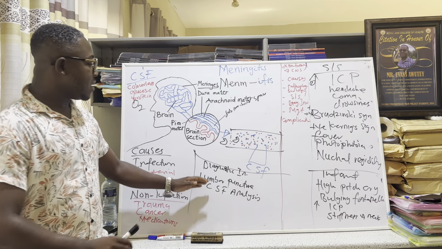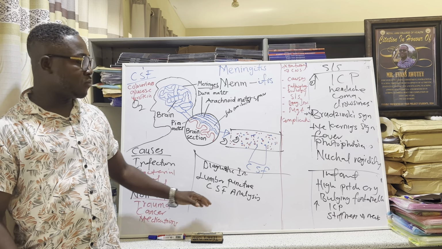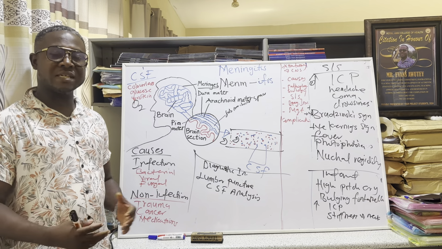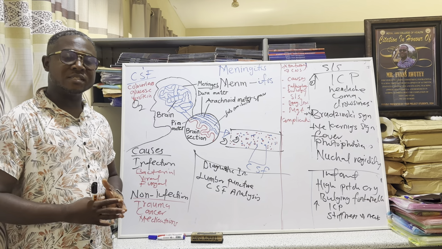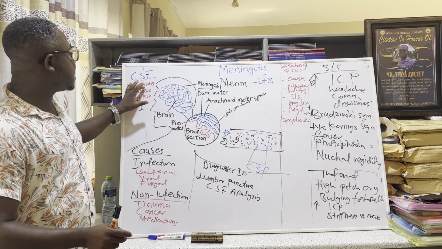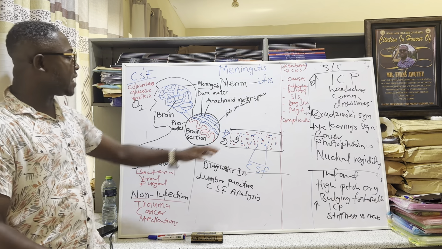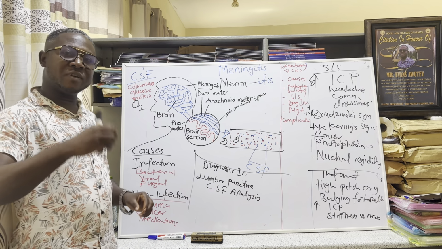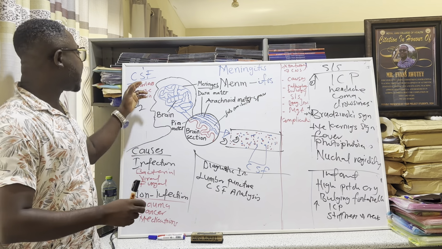Now, when the CSF is taken to the lab and the results are out, one of the things that we need to look at is the color of the CSF. We said that the CSF is colorless, but after the inflammatory process within the subarachnoid space, if it is bacterial meningitis, the color will change.